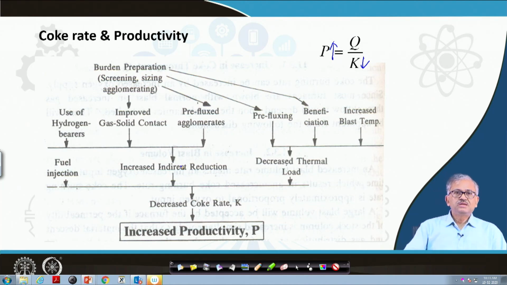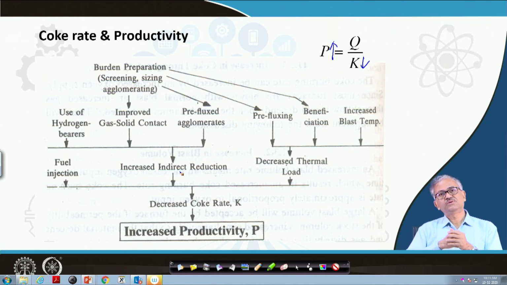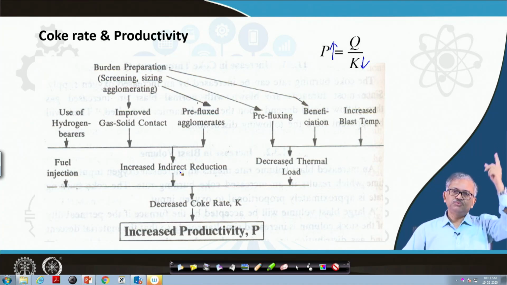Similarly, if you can increase the indirect reduction, then also you can reduce the coke rate, because in indirect reduction you are utilizing the blast furnace gas more effectively. The CO utilization is more, so the CO that is produced you are utilizing effectively. As a result, per ton of hot metal the coke amount will be less. Otherwise, if you cannot utilize it, most of the CO will leak to the atmosphere.